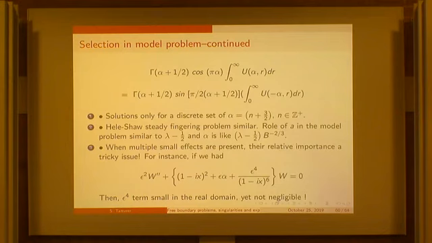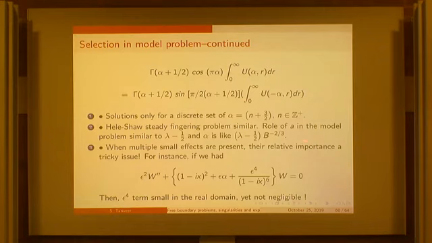In Hele-Shaw's steady fingering problem, what happens is the role of alpha is taken up by this quantity. A is like lambda minus half, and alpha is like this. So when this is selected, it means that this guy is a set of values.